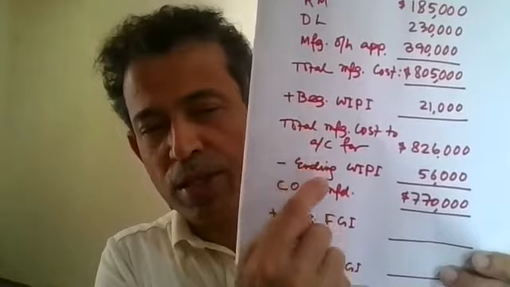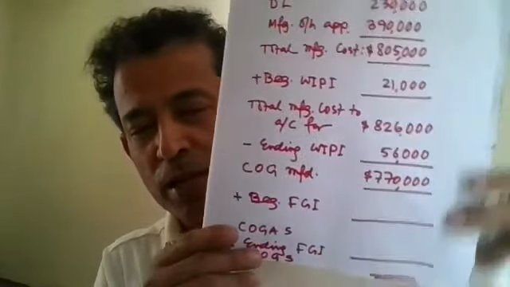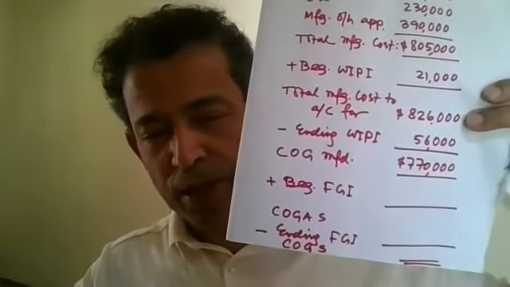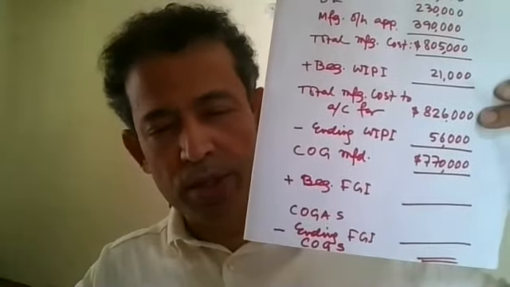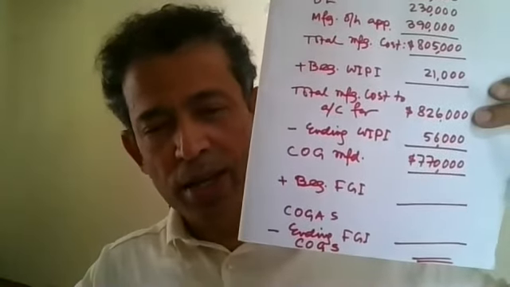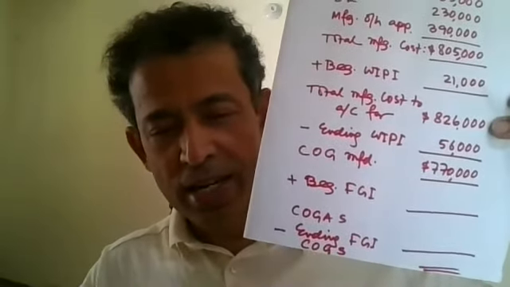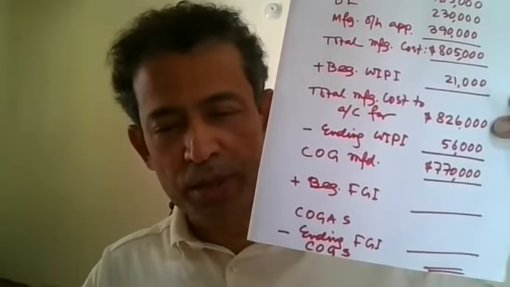So that is the difference between total manufacturing cost and cost of goods manufactured. The only difference is that we are doing work in process inventory adjustments, and then add beginning FGI, which was given in the question. I can tell you how much it was. Beginning finished goods was $60,000 and ending finished goods wasn't given. So let's add the $60,000 to it.